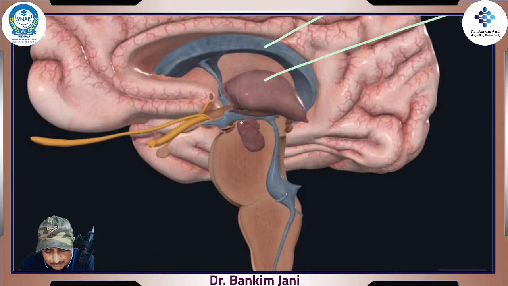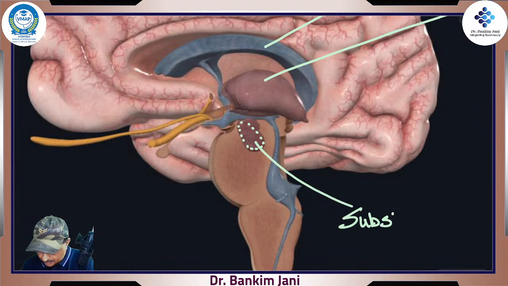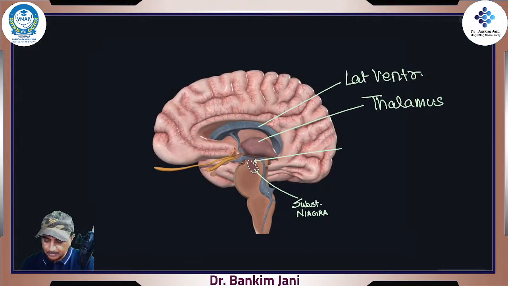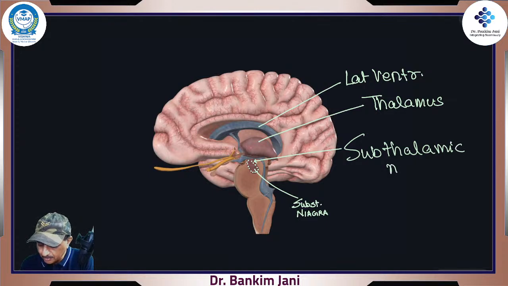Then see this one, that is the substantia nigra, which is part of the midbrain. But of interest, there is a nucleus just underneath it. That one is the subthalamic nucleus.